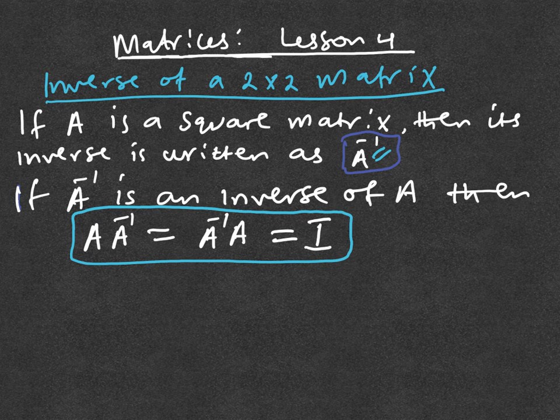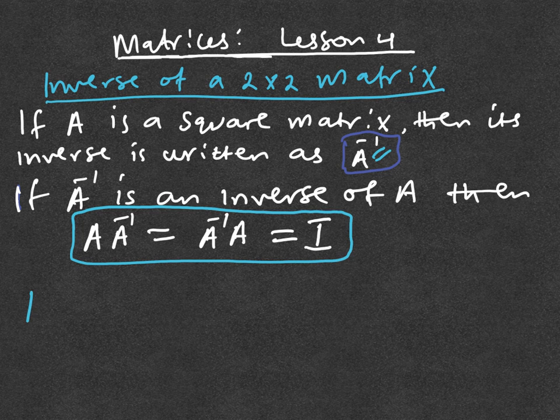Let's see how we make use of this as we find the inverse of a 2 by 2 matrix. At your level, we only deal with inverses of 2 by 2 matrices. For other square matrices, you can find the inverse, but it is going to be somewhat complicated for you. So UNEB will limit you to the inverse of a 2 by 2 matrix.